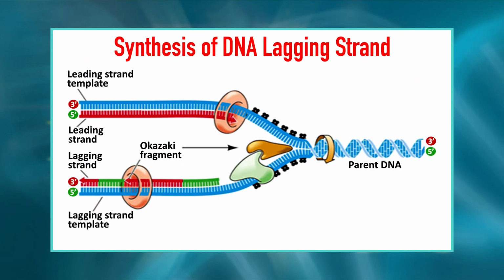The Okazaki fragments synthesize the lagging strand by the activity of DNA polymerase, which adds the pieces of DNA, that is the Okazaki fragments, to the strands between the primers. The formation of the lagging strand is a discontinuous process because the newly formed strand, the lagging strand, is the fragmentation of short DNA strands.